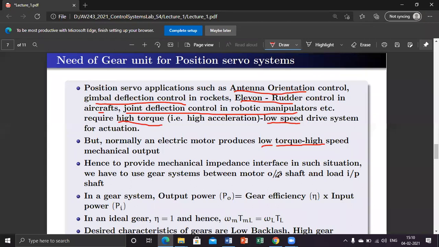So if you require a large torque, you should have large current passing through the armature coil. You know the penalty of forcing large current through the armature coil. There will be an I square R drop, I square R dissipation, heat generated in the armature coil. That will unnecessarily produce problems.